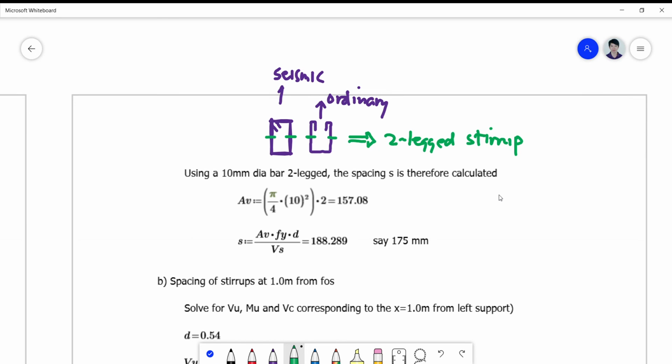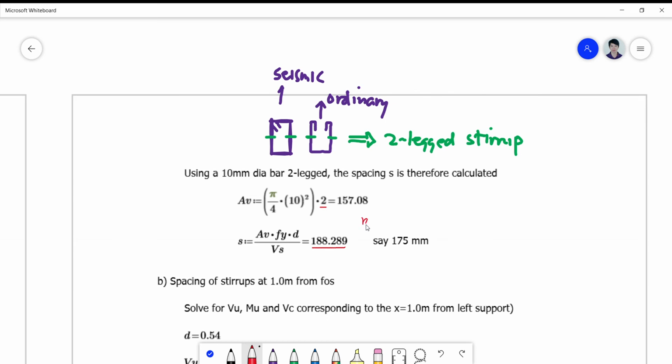So Av is computed by simply getting the area of a circle with a diameter of 10 and multiplying it by 2, since this is a two-leg stirrup. So for your s requirement, the spacing is computed by the formula Av fy d all over Vs, which is 188.289, rounded down to the nearest 12.5 millimeter or 1/2 inch.